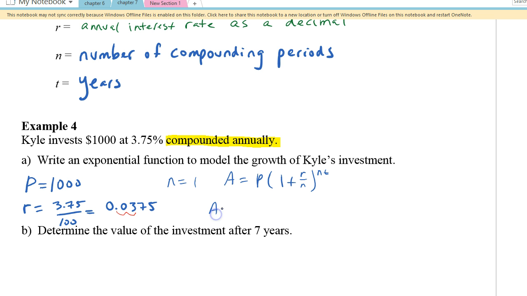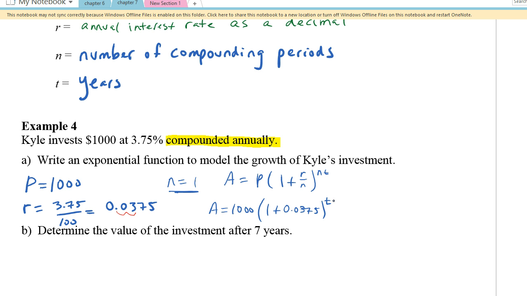So A is going to be equal to 1,000 multiplied by 1 plus R, which is 0.0375, divided by 1, so it's simply 0.0375, all to the power of N times t. And since N still is 1, it's the same thing as t.